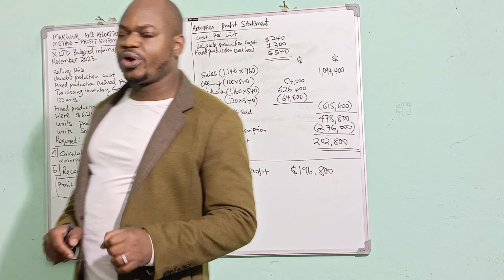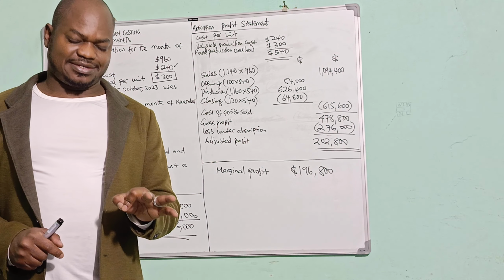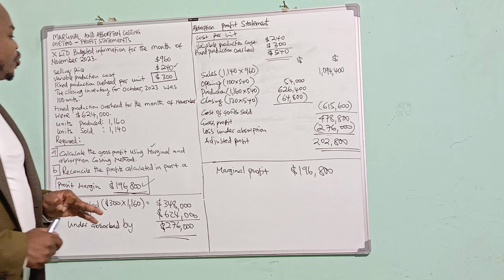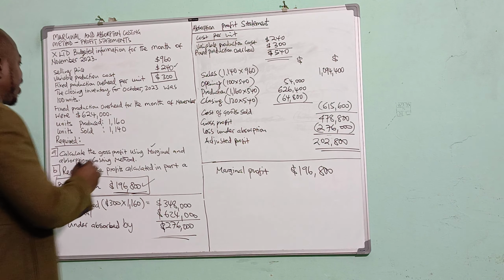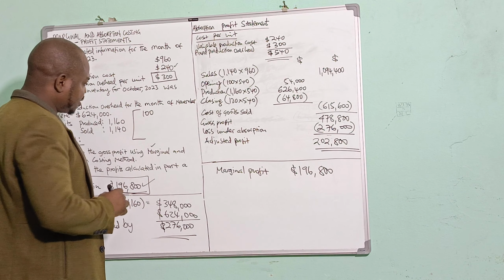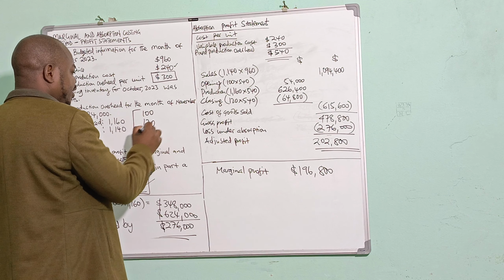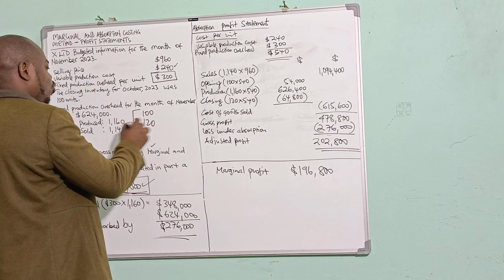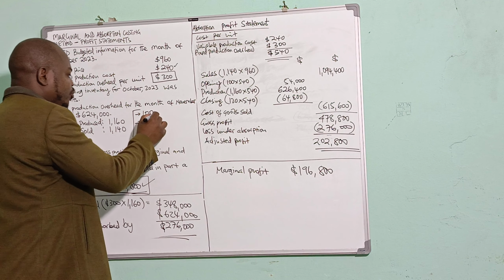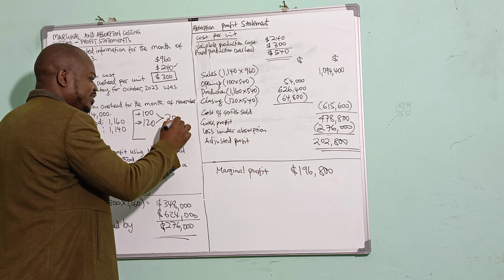In the period when inventory is increasing. What do I mean by saying that? Remember, our opening inventory was 100 and our closing inventory is 120. So when you look at these two, during the period there was an increase in inventory of 20 units.